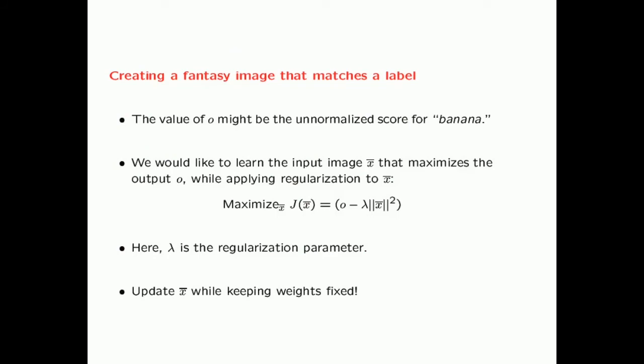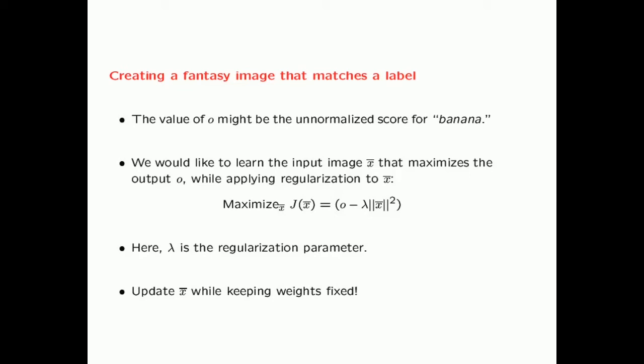Now, there's another type of trick that you can apply. You can also learn the input for a particular type of output. For example, let's say O is the unnormalized score of banana. You might want to learn an input image X that maximizes the output O while applying regularization to X. Note that we do have to apply regularization.